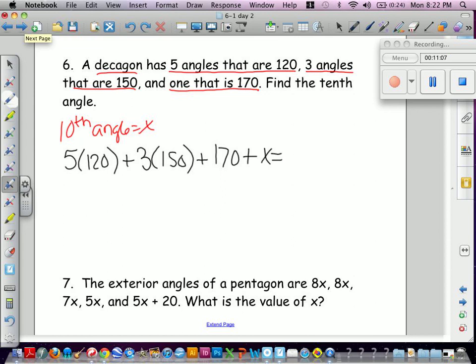I'm going to use that sum of the interior: 10 minus 2 times 180.